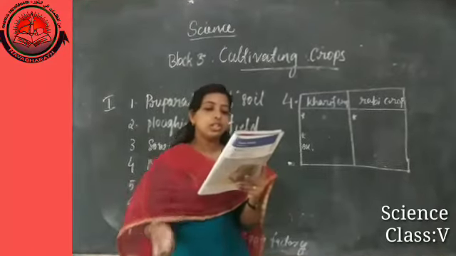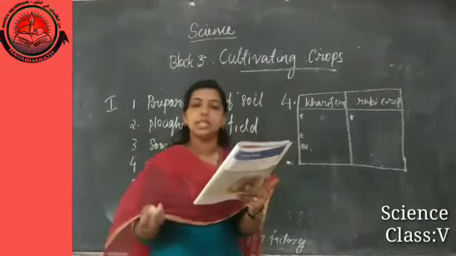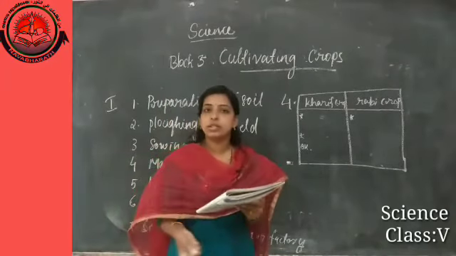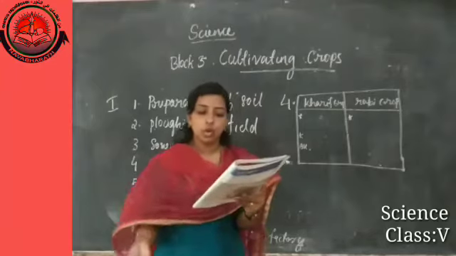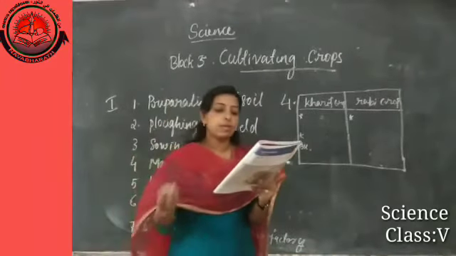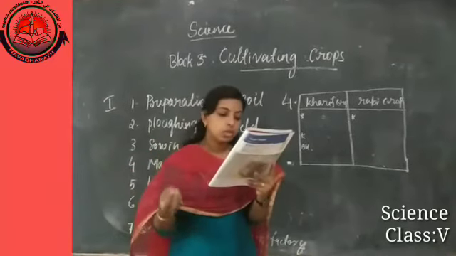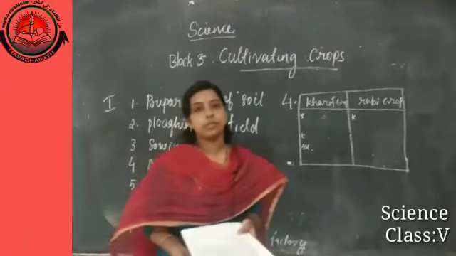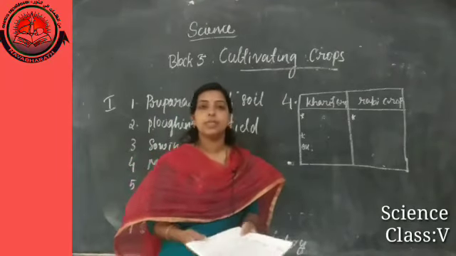Crop rotation is the practice of growing different types of crops in the same area. So what is crop rotation? Crop rotation is the practice of growing different types of crops in the same area. Why is it good to rotate crops?